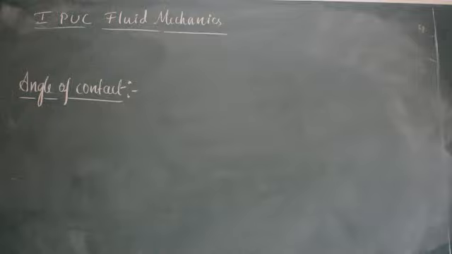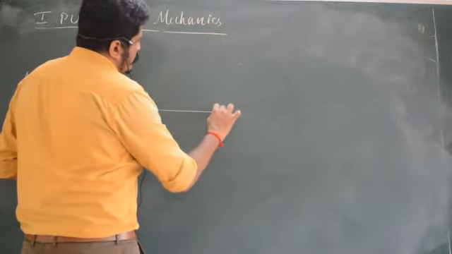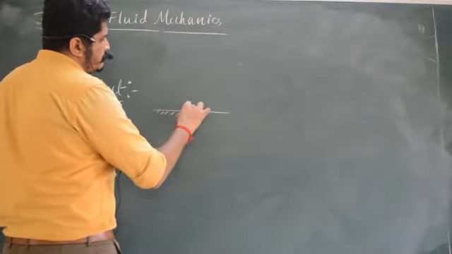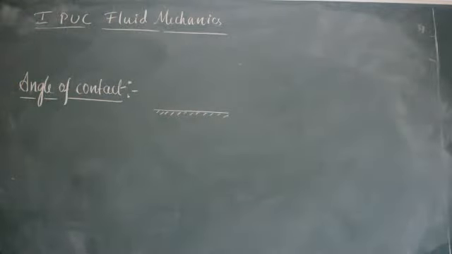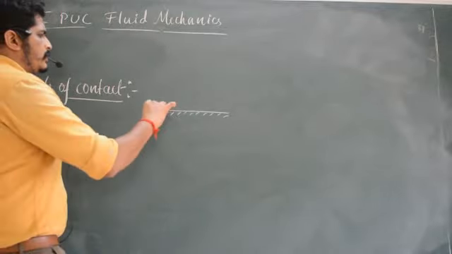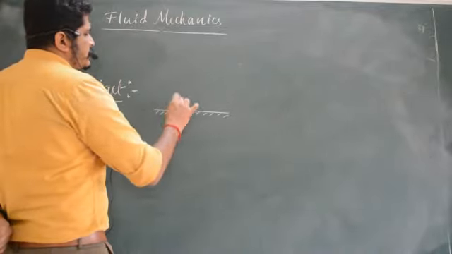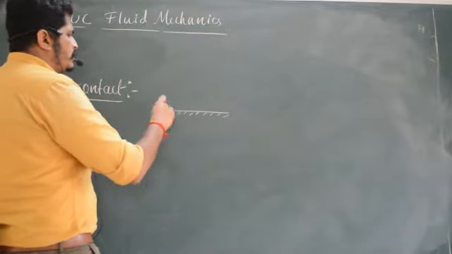Okay. So let me take this, a surface like this. Imagine a little amount of liquid is on the surface. Imagine little amount, not much. Much means it will start to spread like this. No, a very little amount.